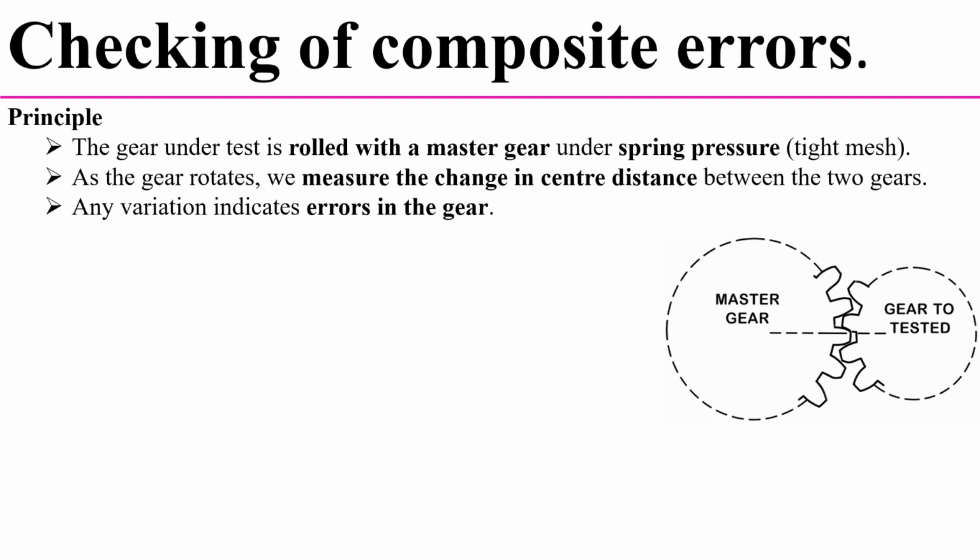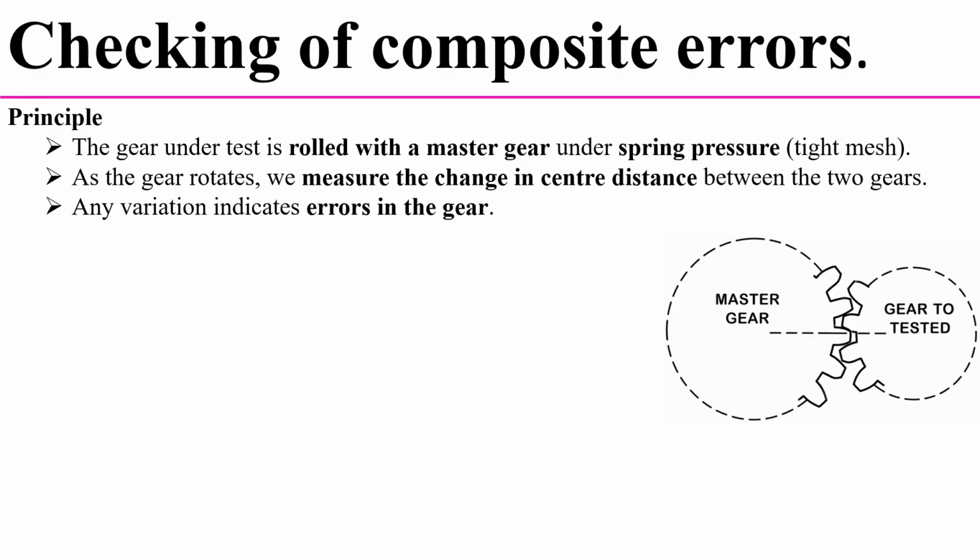Let's see the basic principle. The gear under test is rolled with a master gear under spring pressure. So in the schematic you have to see here, the gear to be tested is meshed with the master gear under spring pressure for a tight mesh. As the gear rotates, we measure the change in center distance between the two gears.